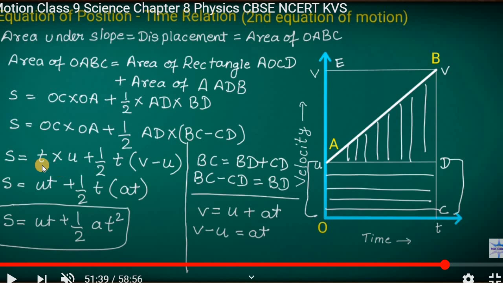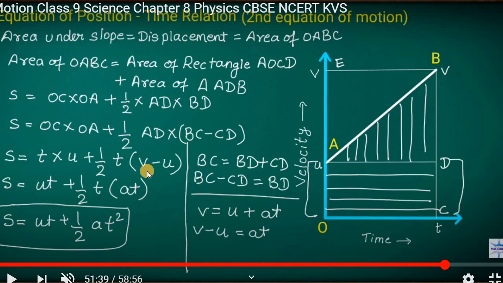Now we multiply this, so we get UT, 1 half as it is, T. As we know, V minus U, how do we get this AT? From the first equation, V is equal to U plus AT, so we move this U over here, V minus U is equal to AT.